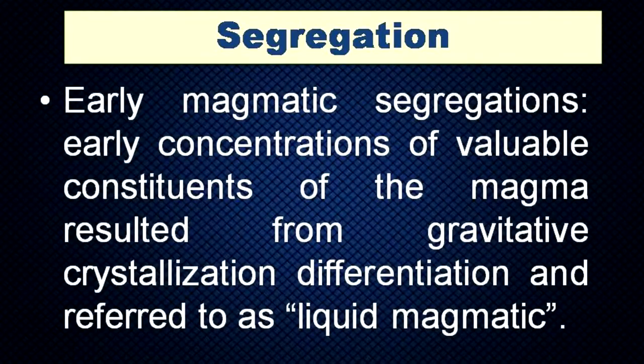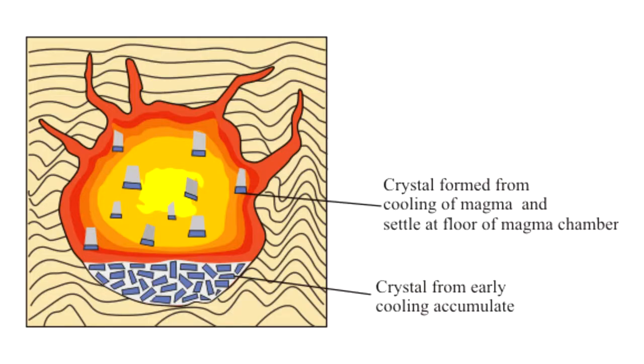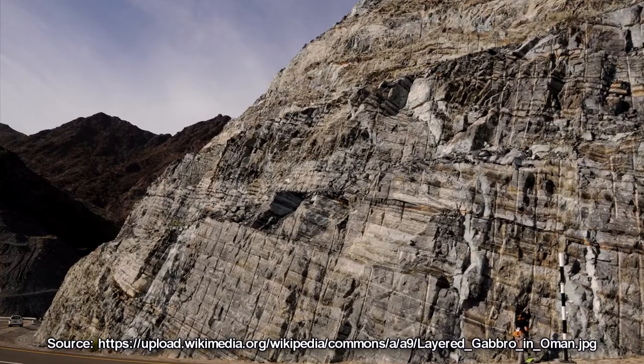The second part is segregation. Early magmatic segregation: early concentration of valuable constituents of the magma resulting from gravitative crystallization differentiation and referred to as liquid magmatic. As I said earlier, the early formed crystals are separated out, and under the influence of gravity they get segregated at the bottom of the magma chamber and they form a layer.